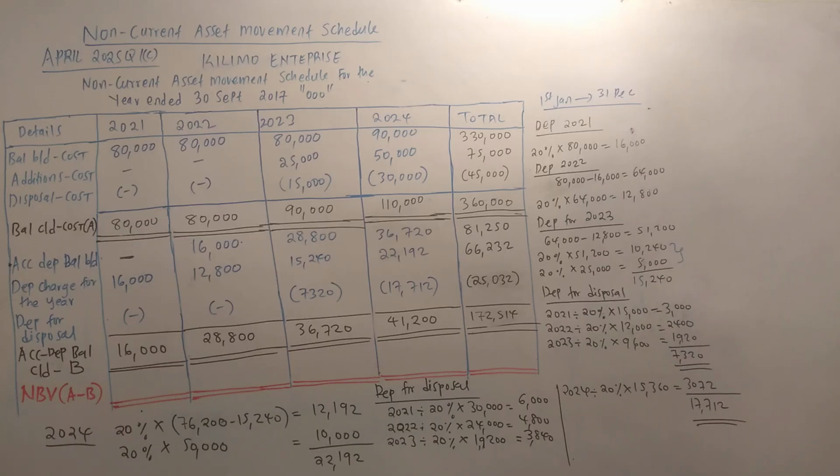Okay, we shall confirm that one. So let's find the net book value, which is 80,000 minus 16,000. That is 64,000. Then 80,000 minus 28,800. That is 51,200.